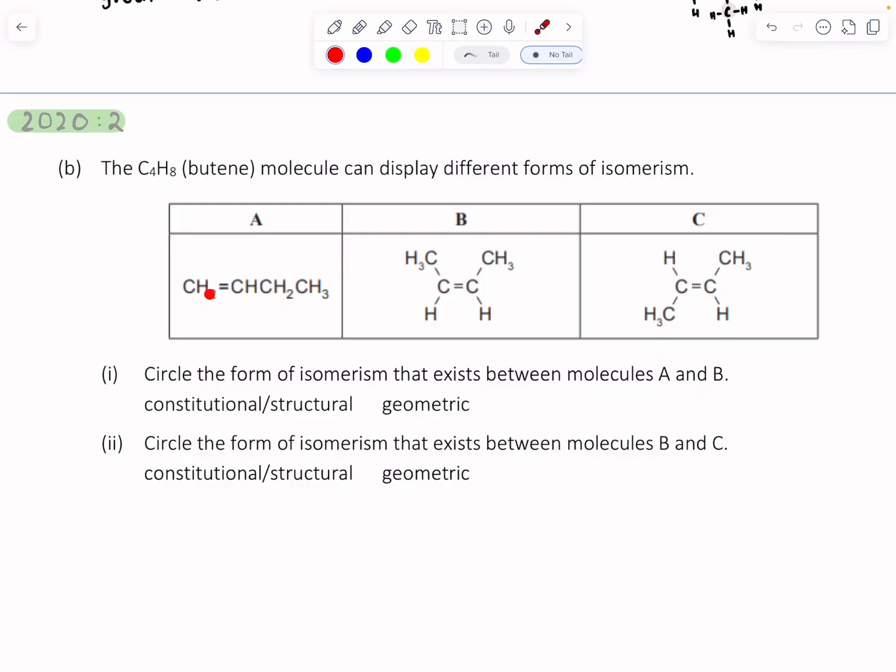We've got 1, 2, 3, 4, 5, 6, 7, 8 hydrogens in molecule A, and we've also got 1, 2, 3, 4, 5, 6, 7, 8 hydrogens in molecule B. We've also got 1, 2, 3, 4 carbons in molecule B and 1, 2, 3, 4 carbons in molecule A.